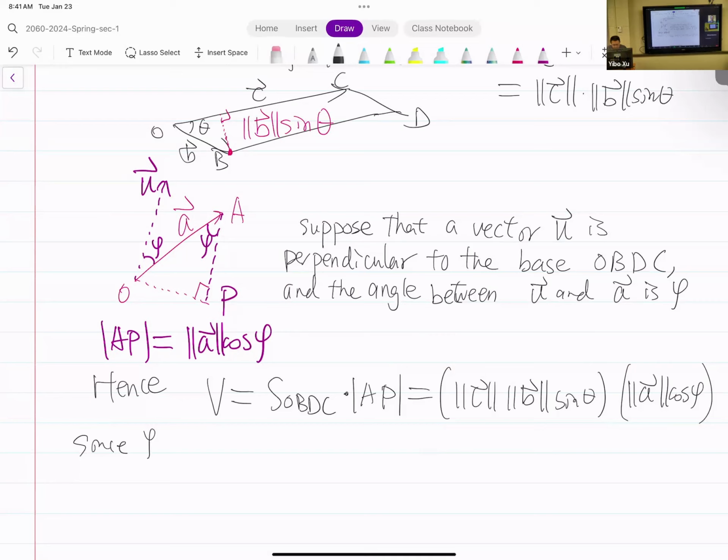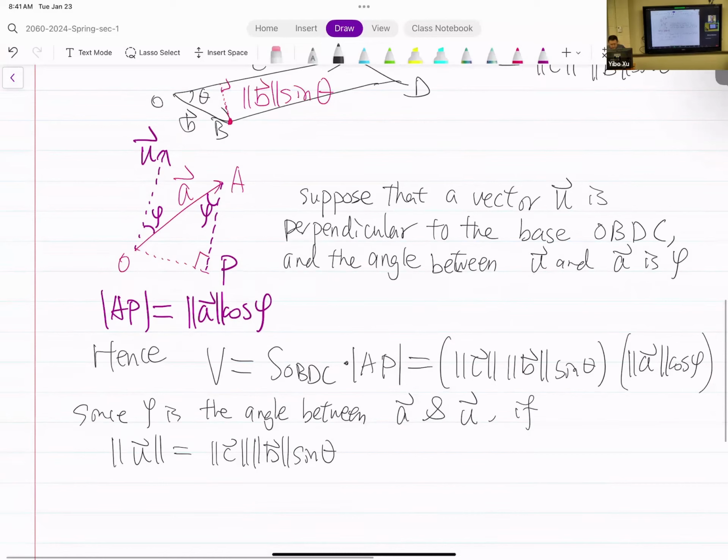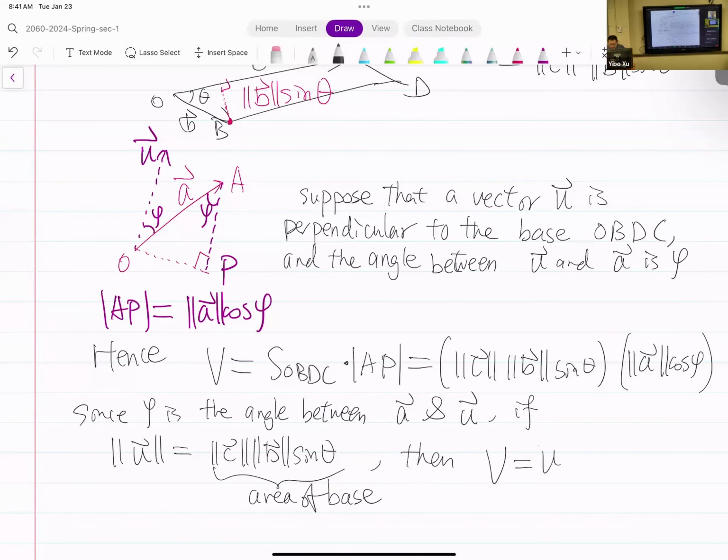Since phi is the angle between A and U, if the magnitude of U equals the first bracket, which is the area of the base, then we can rewrite the volume of the parallelepiped as U dotted with A directly.